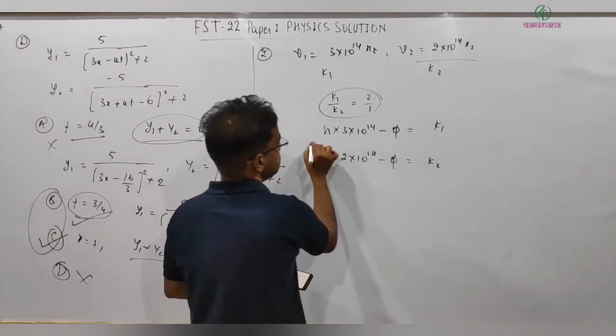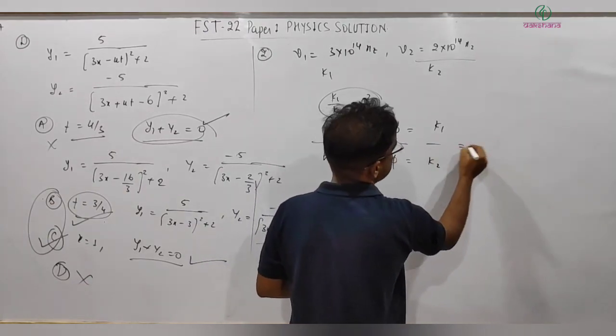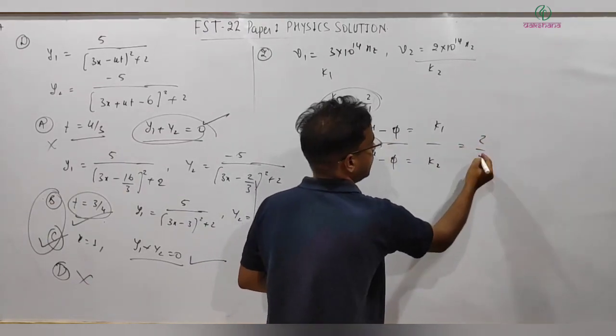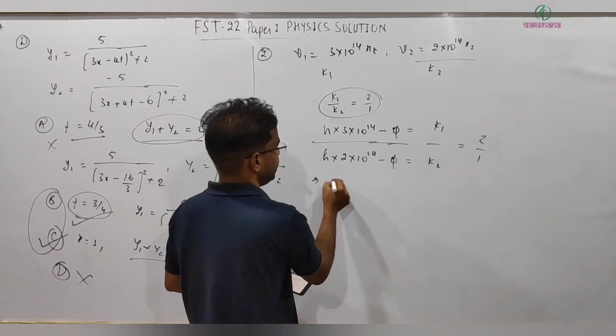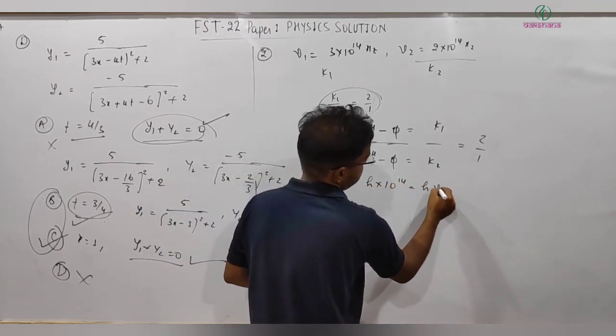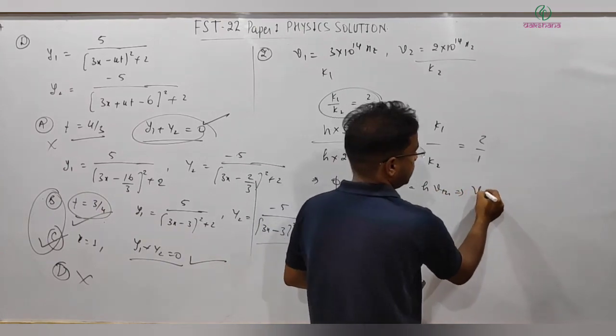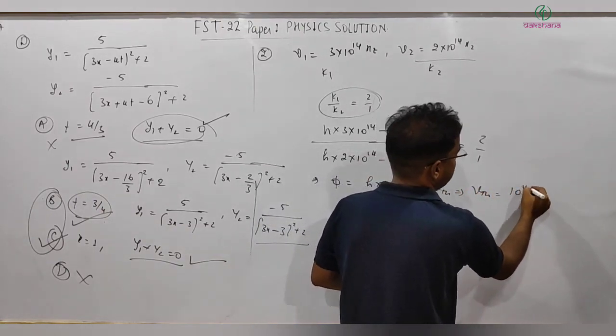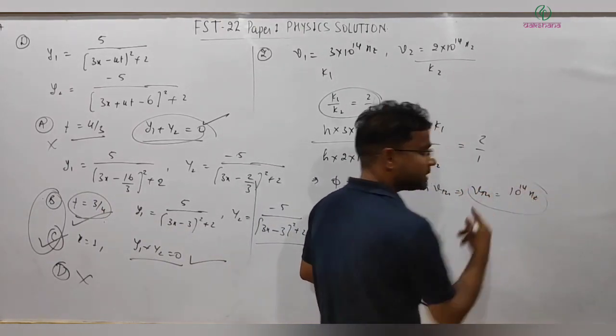Just simply dividing, this comes out 2 by 1. Simplifying it, we get phi equal to h × 10^14, that is equal to h times ν threshold. This implies ν threshold comes out to be 10^14 Hertz. So this is the threshold frequency.